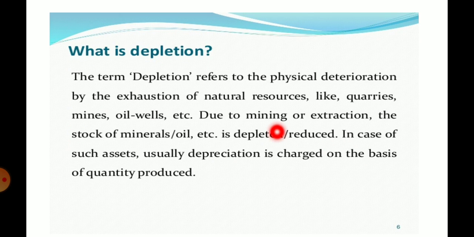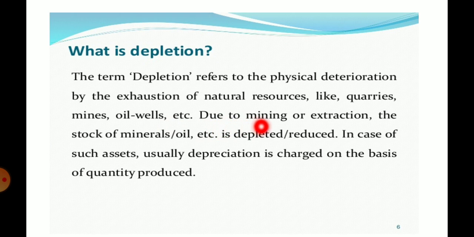Now, what is the difference between depletion and depreciation? The term depletion refers to the physical deterioration by exhaustion of natural resources like quarries, mines, oil wells, etc., which are wasting assets.